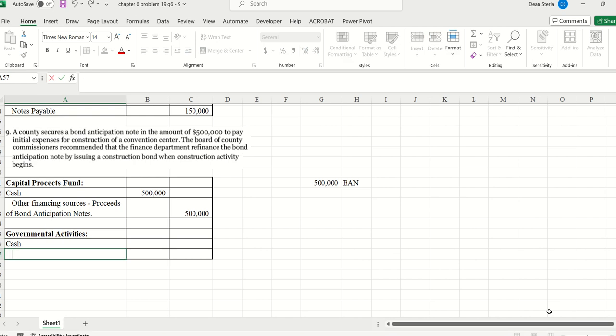And we're going to have a bond anticipation notes payable, or a BAN, either way. So that was for 500. And that completes this problem, number 19, chapter 6.